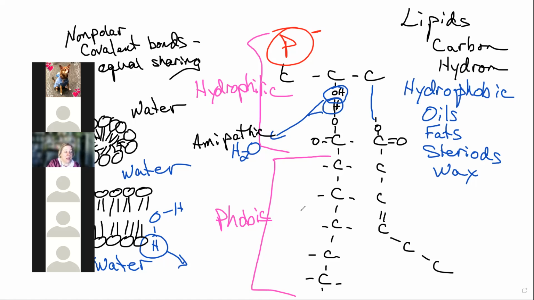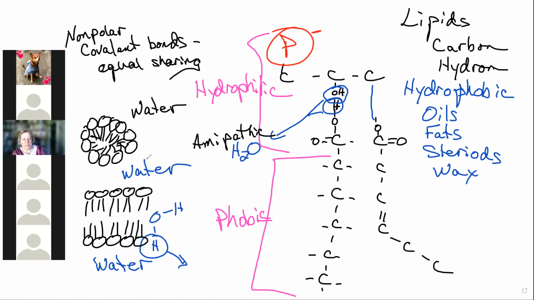This is Michelle. Hi. So I guess what I'm wondering is, so their tails all go inside, and what's the point of all that? Why does that happen? Is there something special? I can see that it does it, but why does it do it? So it does it because these tails can't interact with water.